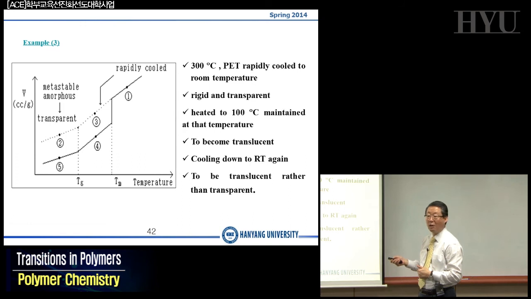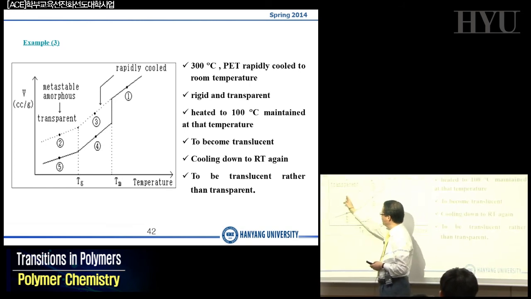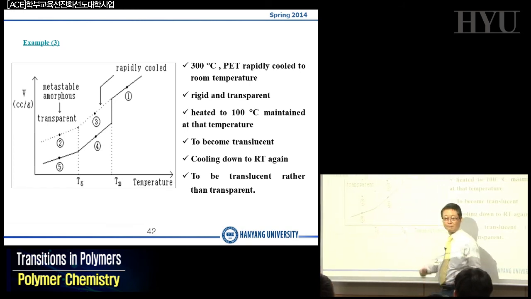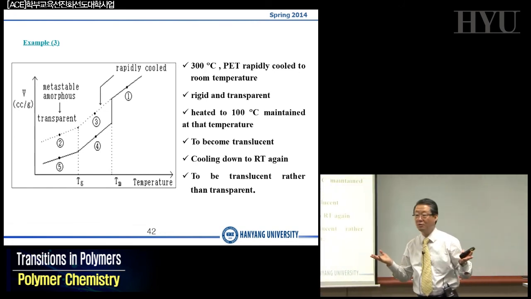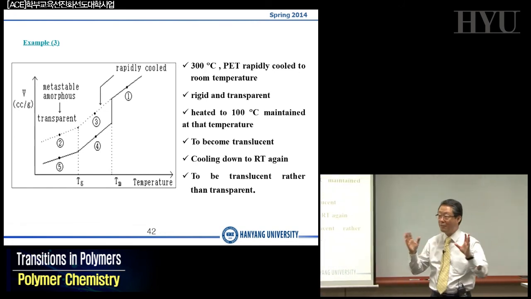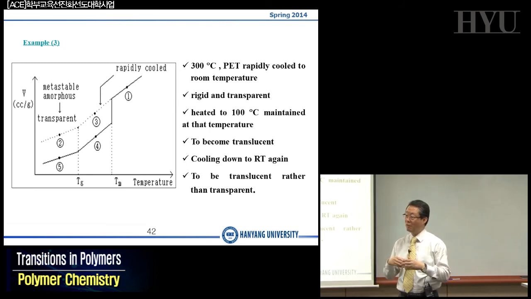Okay? And, okay, at room temperature, let's say that this 5 and 2, this state is room temperature. At room temperature, you can make 2 different polymers, 2 different shapes of the polymers with the same chemical structures. Rapid cooling or slow cooling. If you have a rapid cooling of your material, you have a little bit of excess volume in state number 2, which is different from state 5.